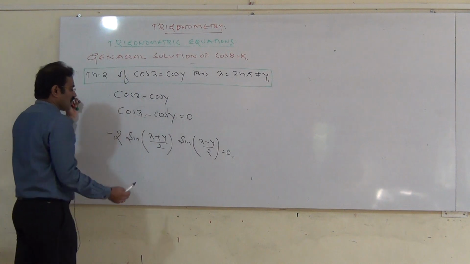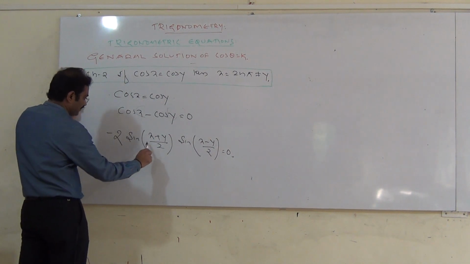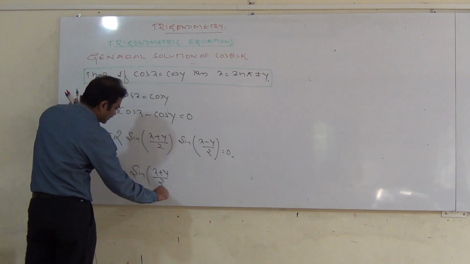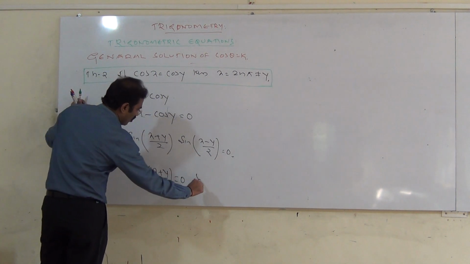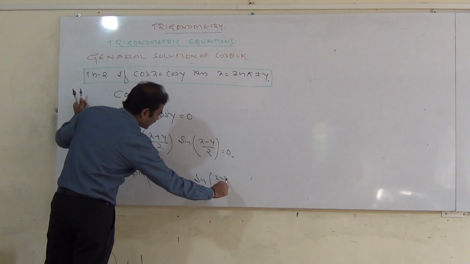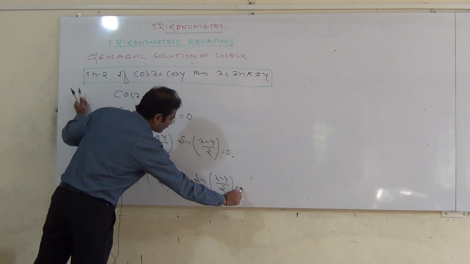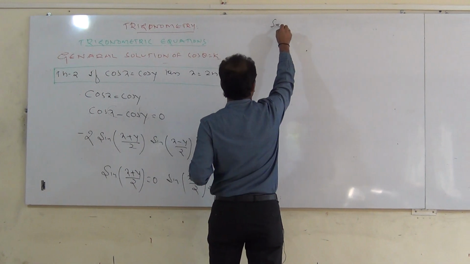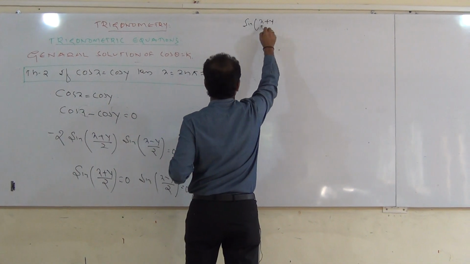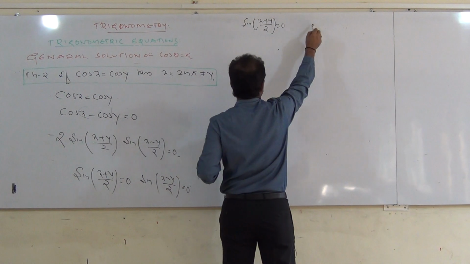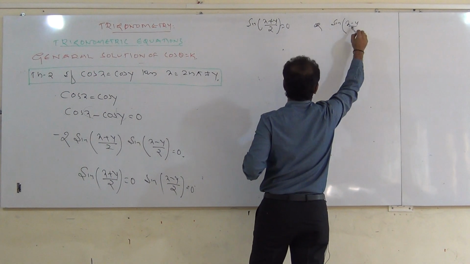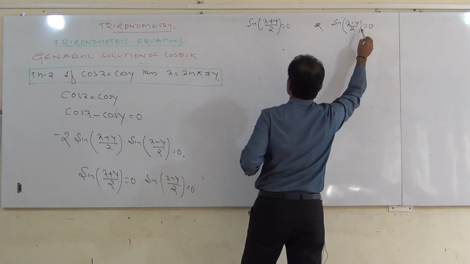The product of two numbers is equal to 0 means either sine of x plus y by 2 is equal to 0 or sine of x minus y by 2 is equal to 0.